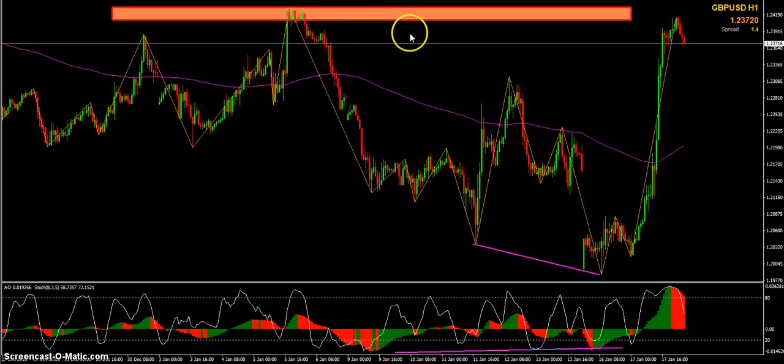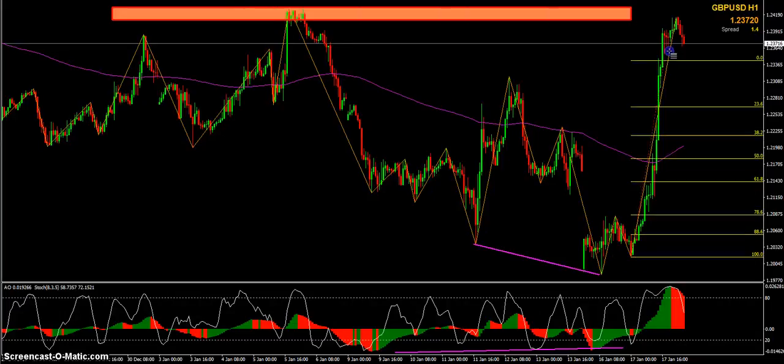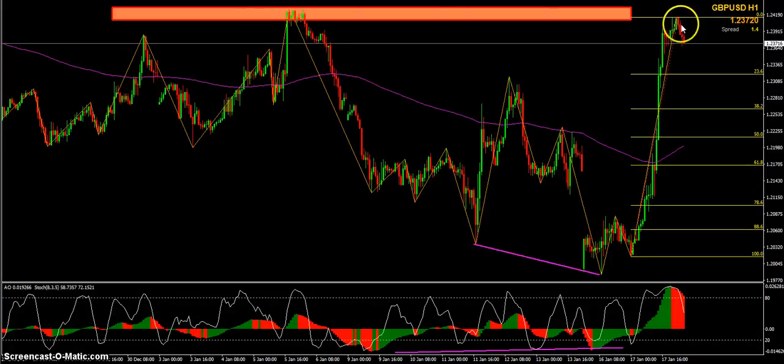Drop down to your 1-hour chart. We have our wave 1, down for 2, up for 3. This large AO is the first one with this new direction moving higher. So when that comes back to the zero line, we should see it pull back to a minimum of 38.2. So hopefully it will come back to roughly this zone, somewhere in there would be nice.